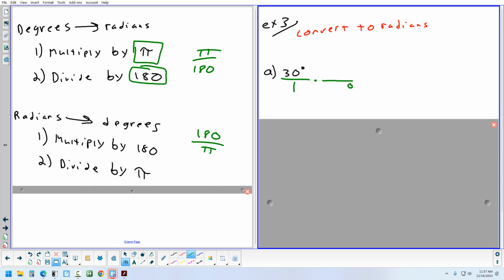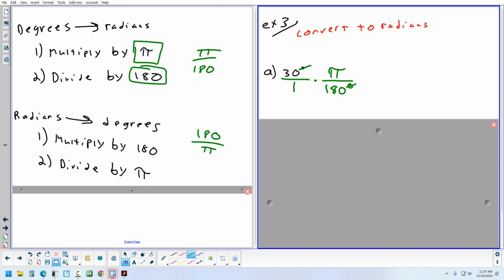Radians, and again, the word radian, think of it as being invisible, is in the top. What number did I say to always think of when you think degrees? 180. So 180 goes in the bottom. And radians is in the top. What's the number we think of with radians? Pi. So to convert to radians, it's pi in the top, 180 in the bottom. And that causes the units of degrees to cancel.